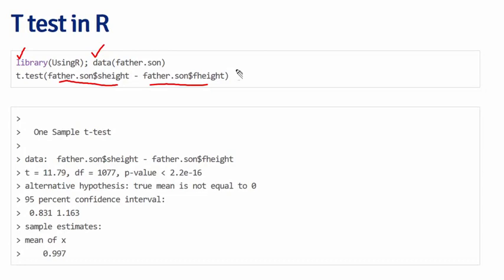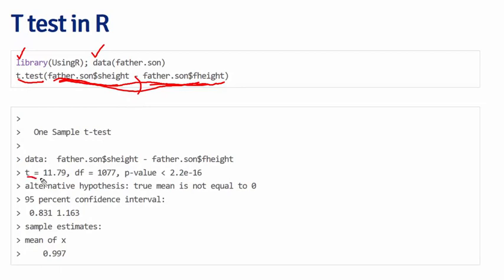So in this case, we're going to take the difference, and we want to test whether the difference in the heights is 0 or non-zero. You do that with t.test, and you can either pass the difference directly to the function t.test, or you could pass it the two vectors and then add the argument paired equals TRUE.